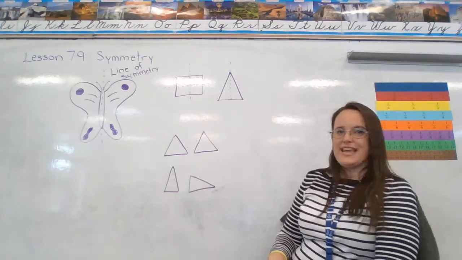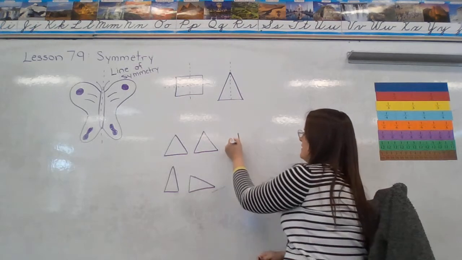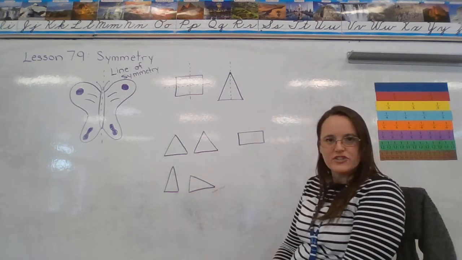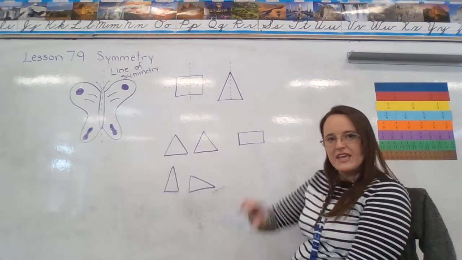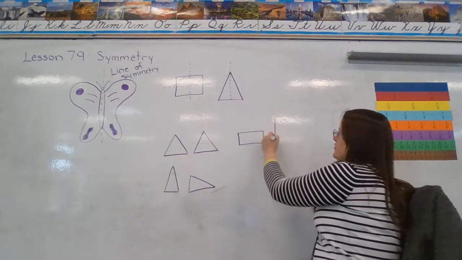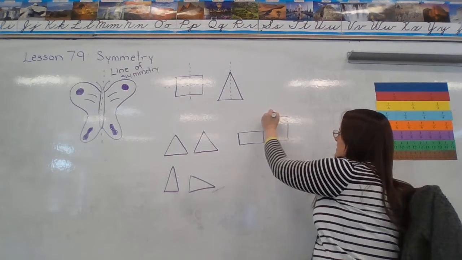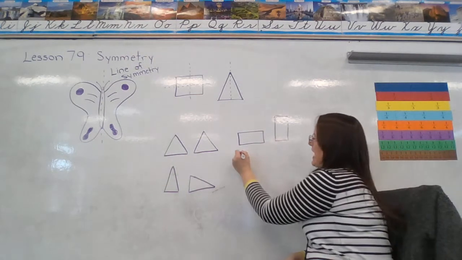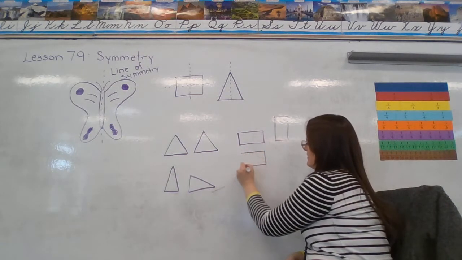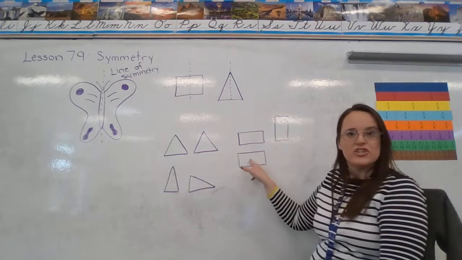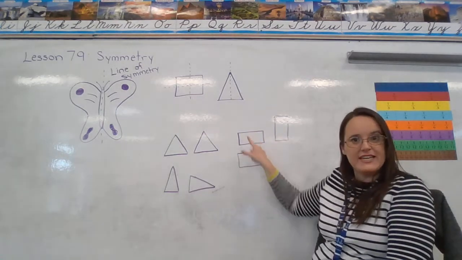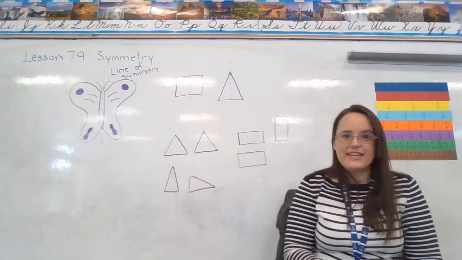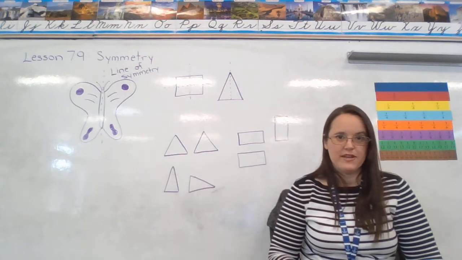What about a rectangle? Does a rectangle have rotational symmetry? If I only turn it a quarter turn, it'll look like that. But what if I turn it a full half turn? It should go back where my top side here is the bottom side there, and it looks the same. A rectangle has rotational symmetry.